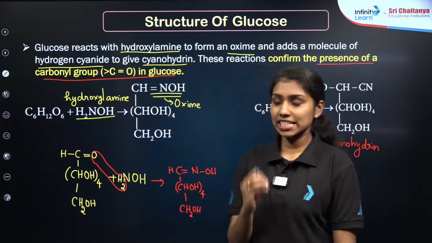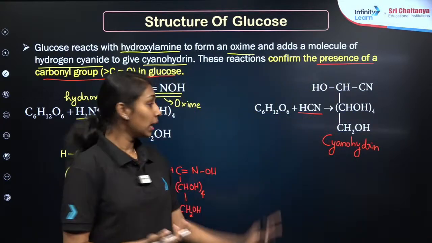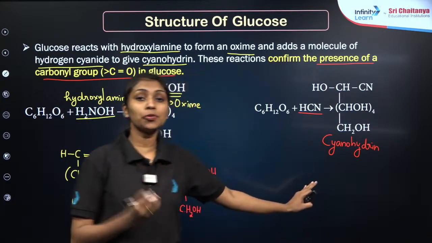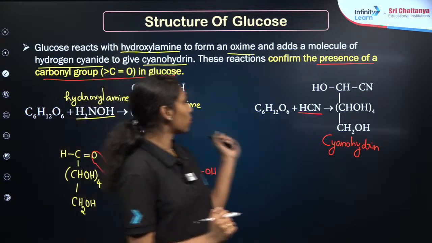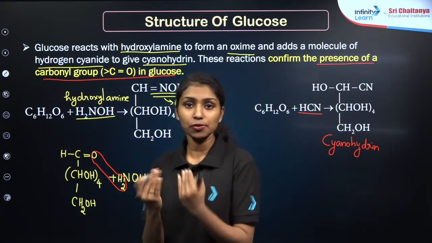Glucose reacts with hydrogen cyanide to form cyanohydrin, which confirms that there is a carbonyl group in the glucose molecule.